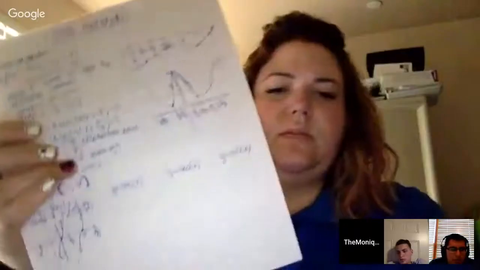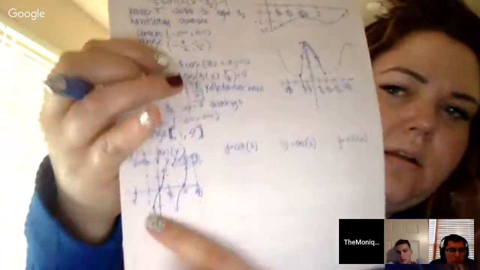But I think that's easy, since there's no numbers, it just goes through 1, 0, and then 1. Yeah, so it goes through 0 and it goes through pi, but then you have asymptotes in between those. So kind of like that.